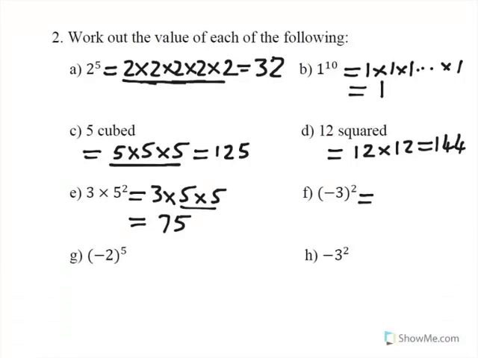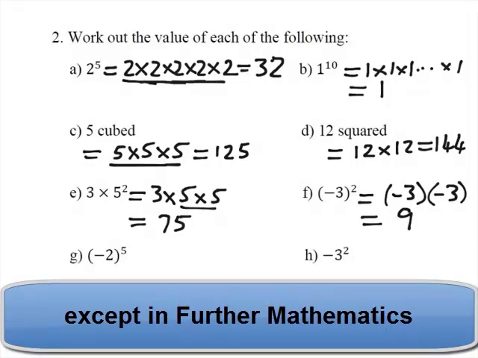This one, we're squaring a negative 3, so it's negative 3 times negative 3. 2 negatives make a positive. 3 times 3 is 9. If you square a negative, you'll always get a positive, except in certain areas of mathematics.